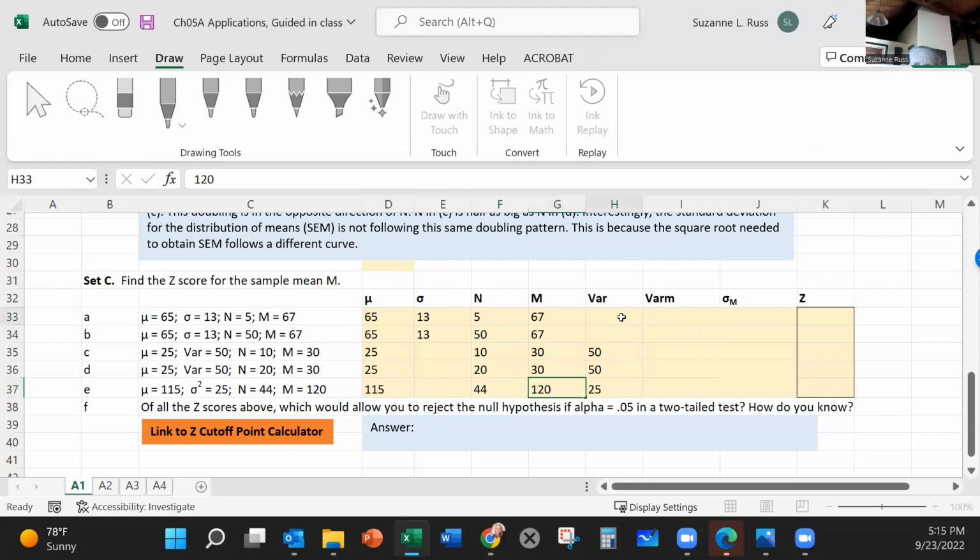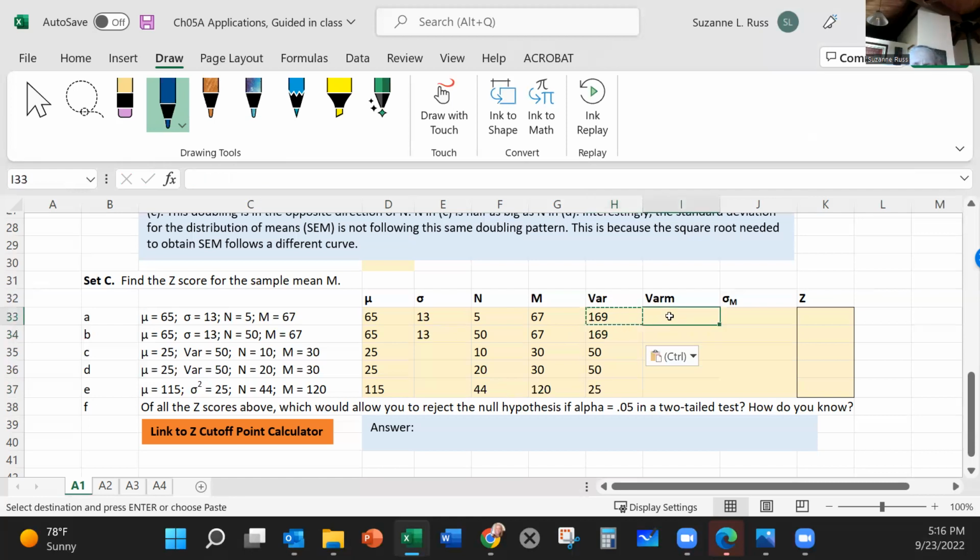So first off, for these, I still need the variance. So what I have to do is square the standard deviation. So equals standard deviation squared. Enter. I'll copy that using Control-C, use Control-V to paste. Variance for the distribution of means, we get by dividing by n.